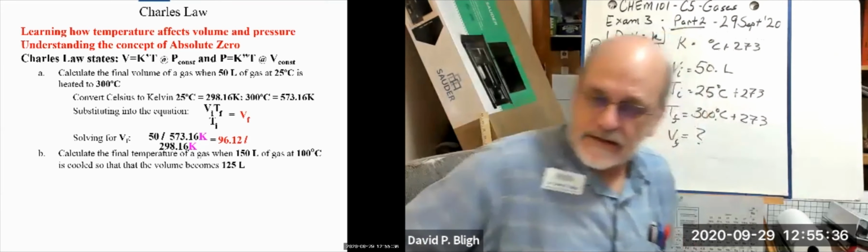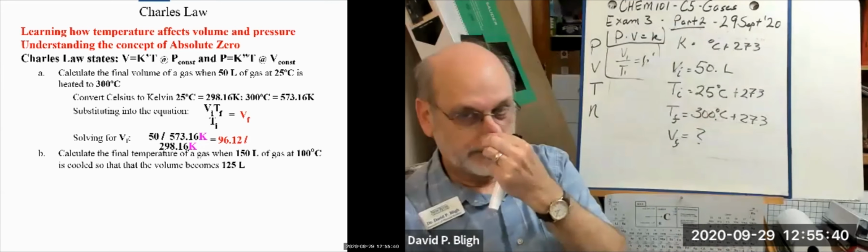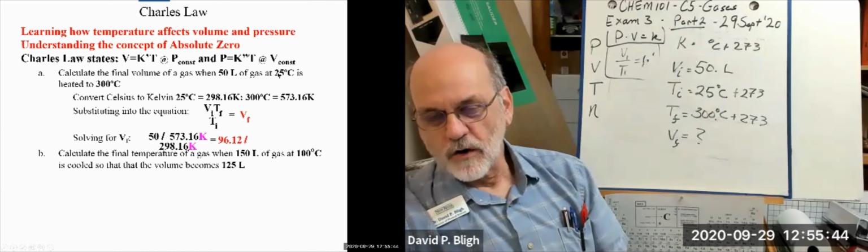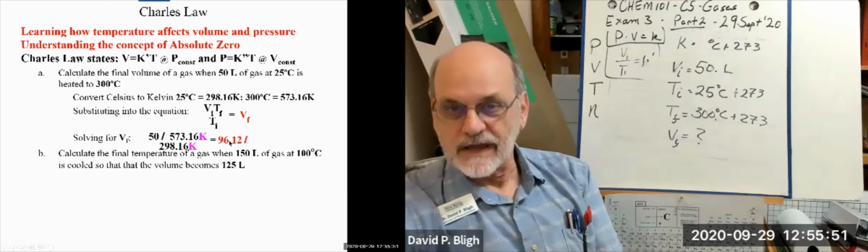And then I always like to go back and say, is that a reasonable value? So we look at, if we start at 50 and go from 25 to 300, is the volume greater? It should increase, right? So yes, it did increase.